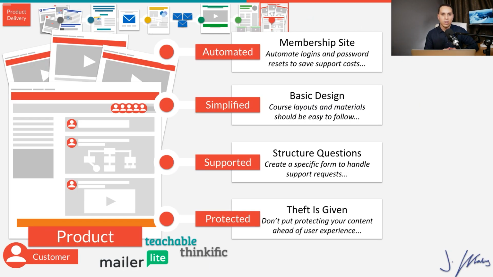What options do you have when it comes to delivering your product? Well, you have MailerLite, you have Teachable, and you actually have Thinkific as well. So Thinkific and Teachable, those are great for membership sites. They both offer free plans. I already talked about some of the limitations. MailerLite, on the other hand, you can actually create a password protected page.